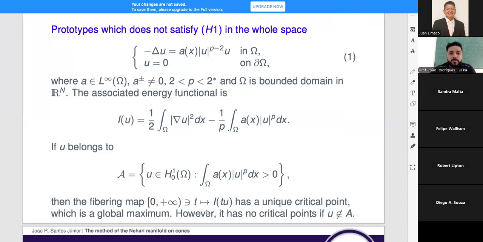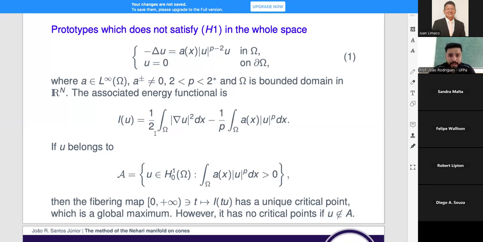So, for example, if you consider this equation where the function a is an L infinity function, and this is changing sign because the positive and the negative parts are different from 0. Of course, here, just to consider a simple case, we will consider that the power p is a subcritical power, okay?